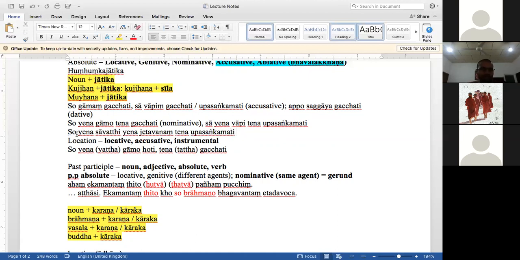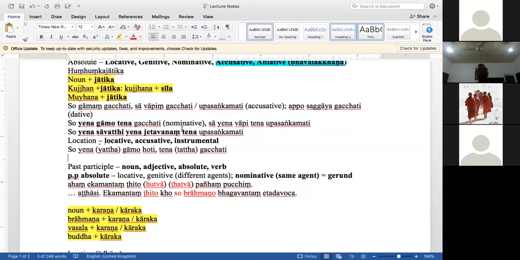Now you can read it: yena Savatthi, yena Jetavanam, tena upasamkamati. So he first went to Savatthi and then went to Jetavana. You can extend this yena and tena in this manner. It's not necessary that it be written only as yena gamo tena.